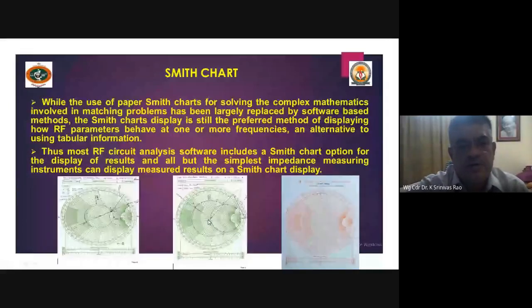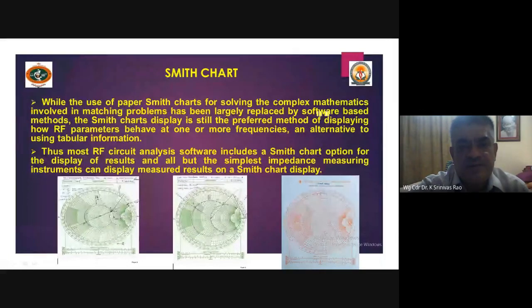The Smith chart is basically a paper with some circles, with some kind of arrangement we have seen, basically concentric circles in this fashion. They are used for solving complex mathematical problems involving matching, though this has been largely replaced by software-based methods.